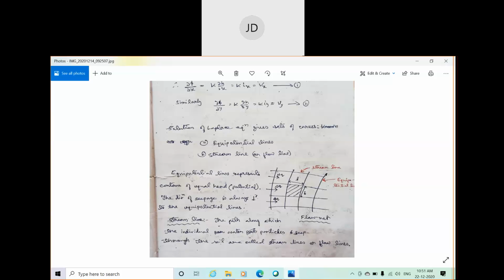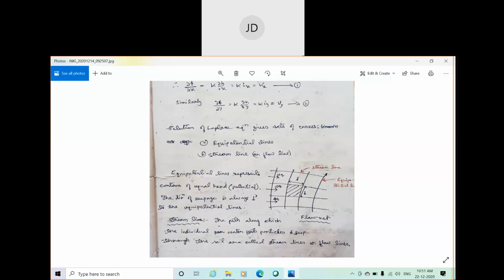Then this point will be at a difference of 3 meter, and the head difference between this point and this point is also 3 meter, and between this point and this point also 3 meter. So 3 meter head difference here, here, and here also.